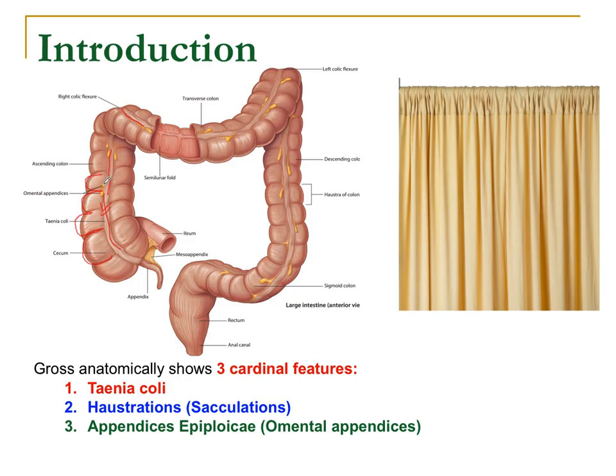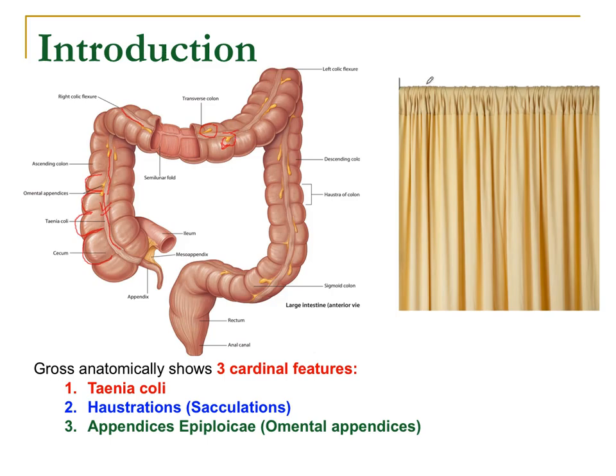Can you see these fat-filled pouches here, along the side of the tinea coli? These are peritoneal pouches that contain fat. They are called appendices epiploicae, also called omental appendices.